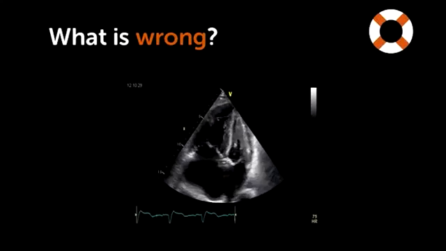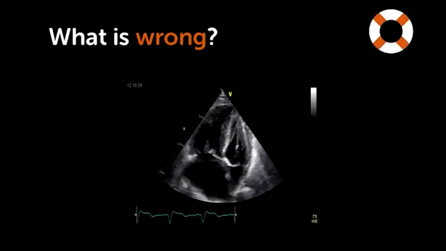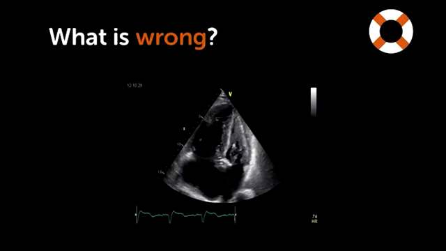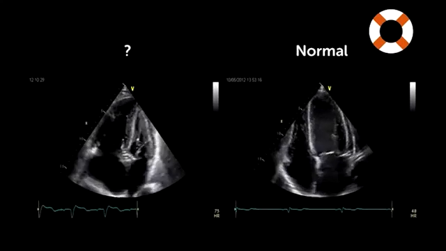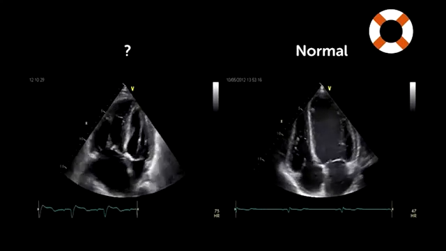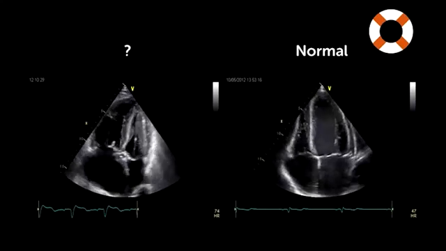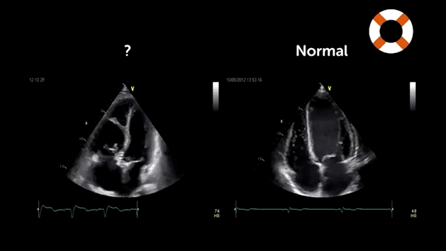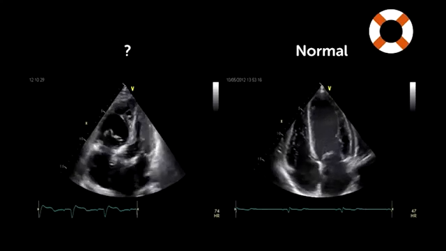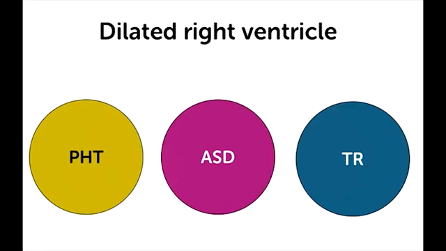What is wrong with this patient? What is abnormal in this 4-chamber view? Just compare it with a normal 4-chamber view on the right. It's easy to appreciate that the right ventricle is very large and the left ventricle is rather small. So we have a dilated right ventricle. If you see this in echocardiography, the next question should be why?